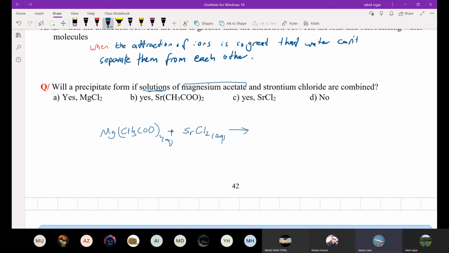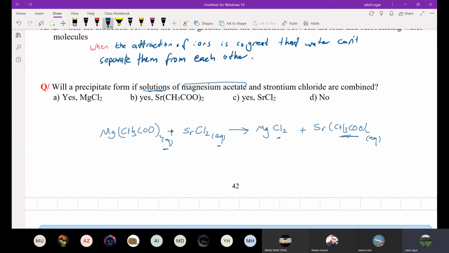All right. It becomes what? These two are both aqueous. It might become MgCl2 plus Sr(CH3COO)2. So look at this one. Acetate is in the second row. If it's in any compound, it's directly soluble, so it's aqueous.